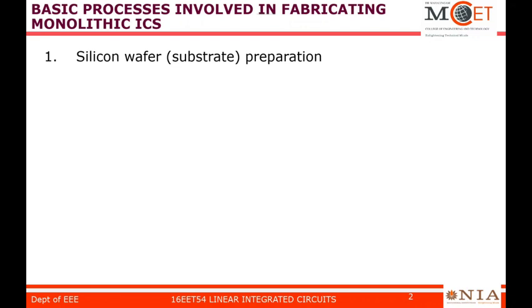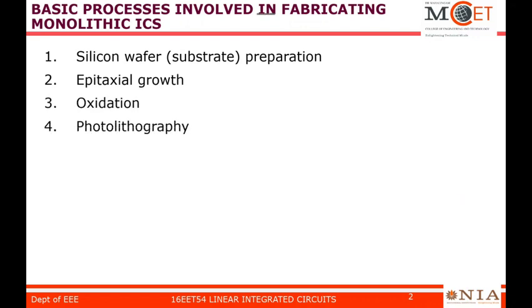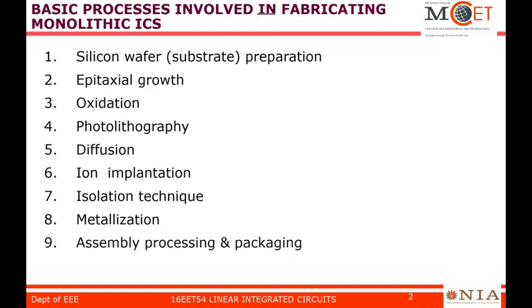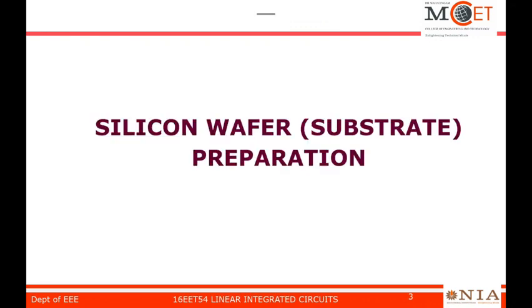The basic processes involved in fabricating monolithic ICs are silicon wafer preparation, or say substrate preparation, epitaxial growth, oxidation, photolithography, diffusion, ion implantation, isolation technique, metallization, assembly processing, and packaging.